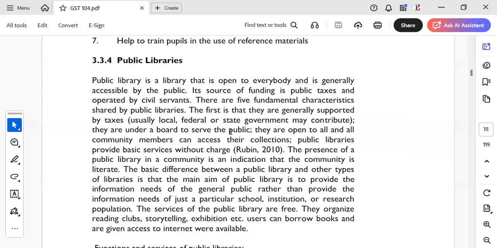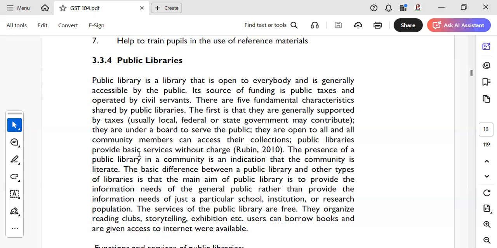Apart from being supported by taxes, it's also charged with the responsibility of serving the public. They are open to all, and all community members can access their collections. As long as you're a member of the community, you can enter a public library in your community and access books that are there or resources that are available.